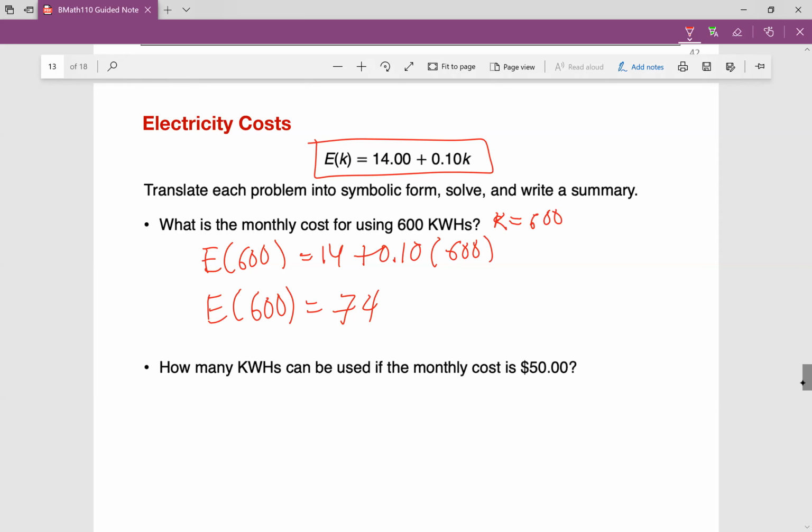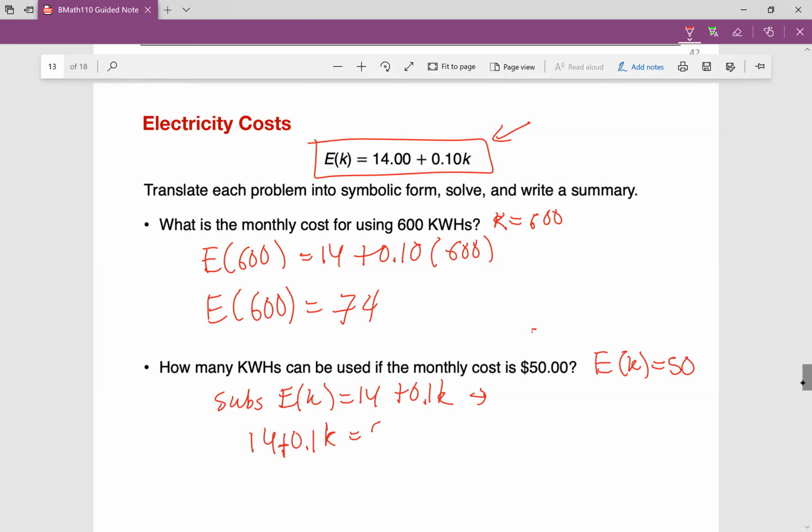Now they've given you the output E of K equal to 50, and you don't know K. You also know that E of K equals this equation, so I will substitute E of K equal to 14 plus 0.1K, and I will have 14 plus 0.1K equal to 50.